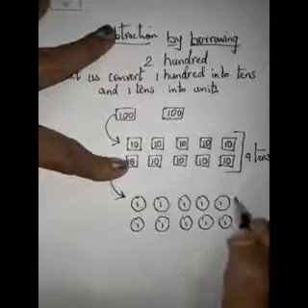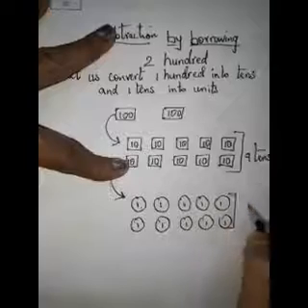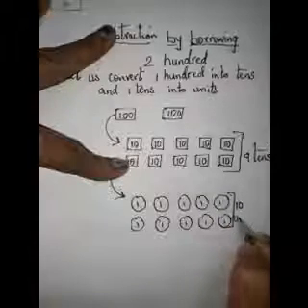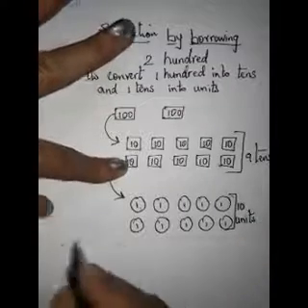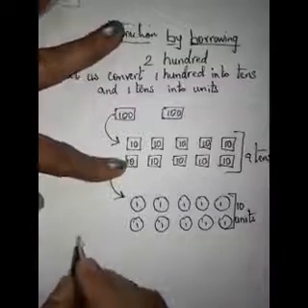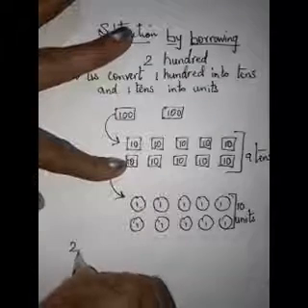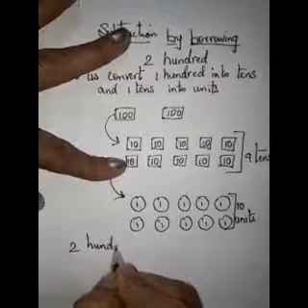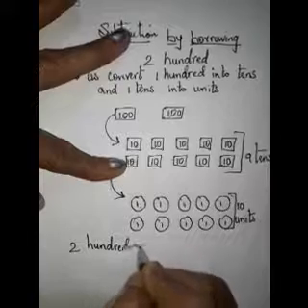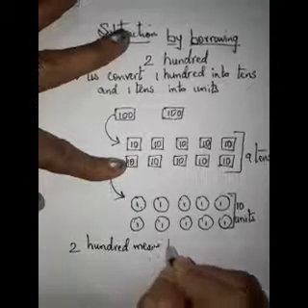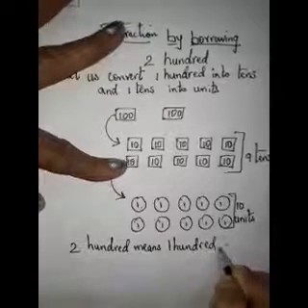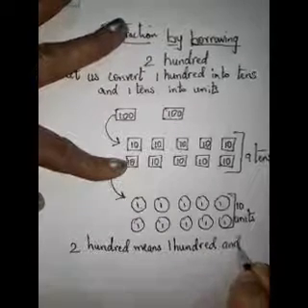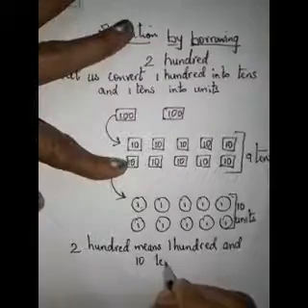And these are 10 units. So 200 means 100 and 10 tenths.